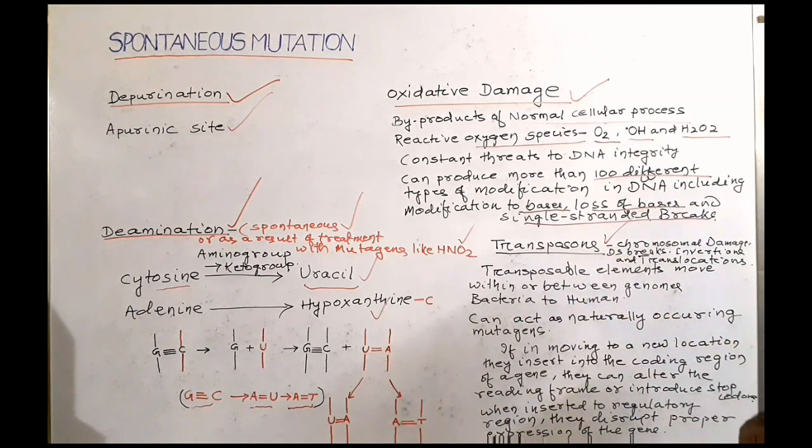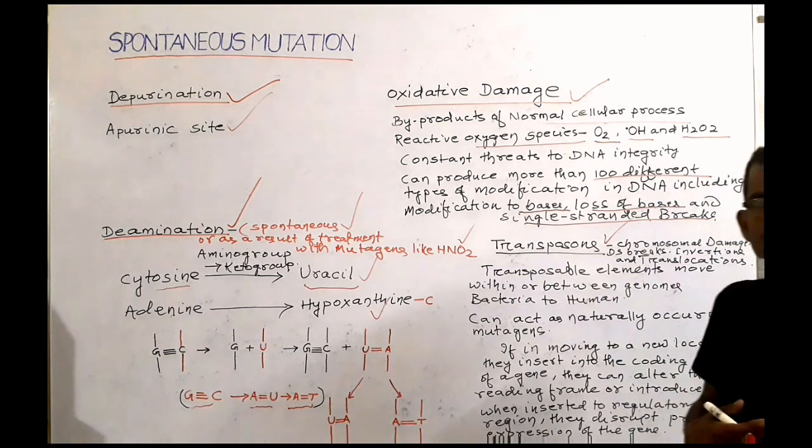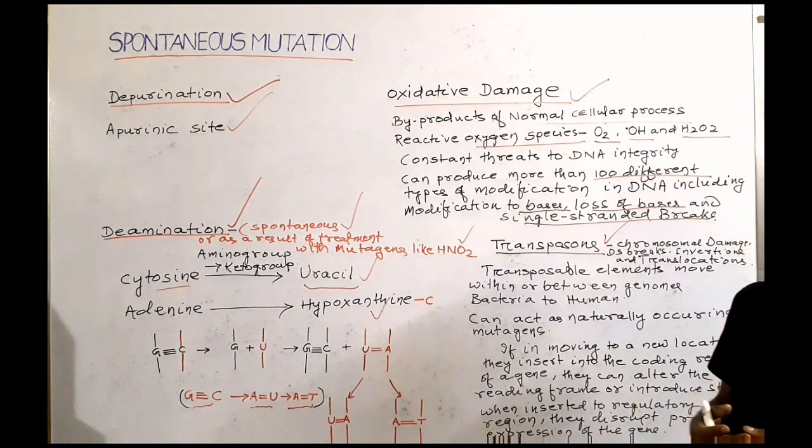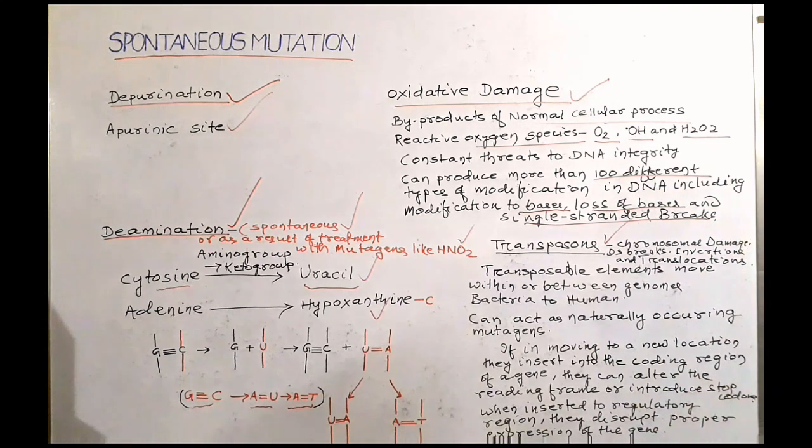Last is transposons. Transposons are the transposable elements, genetic elements that move within or between genomes. Transposons can also cause chromosomal damage, including double-stranded breaks, inversions and translocations.